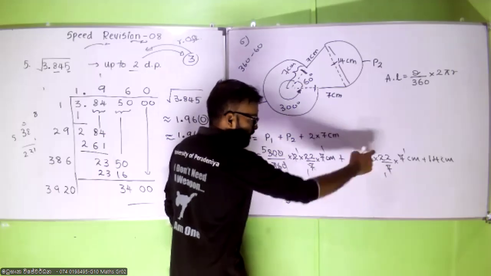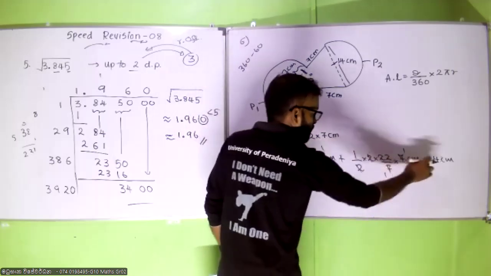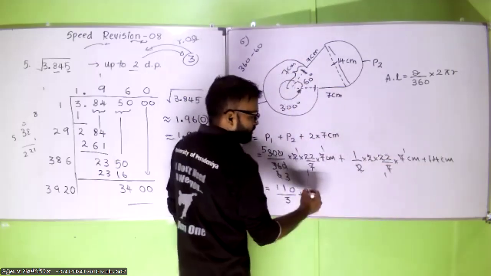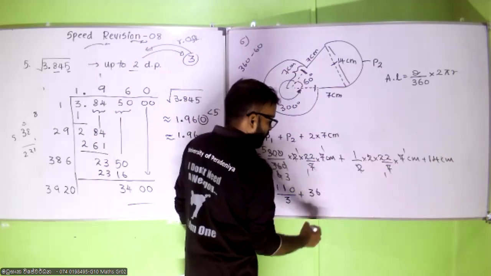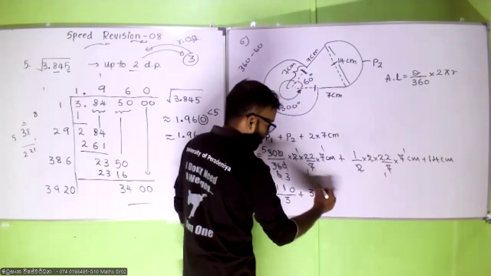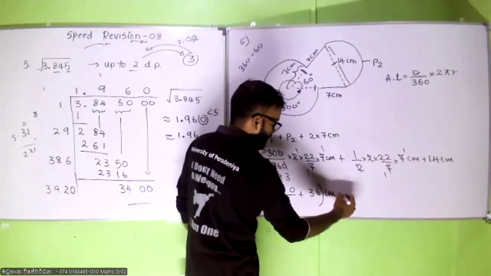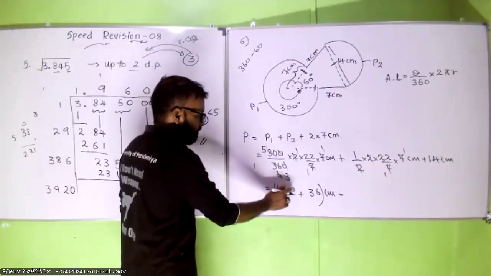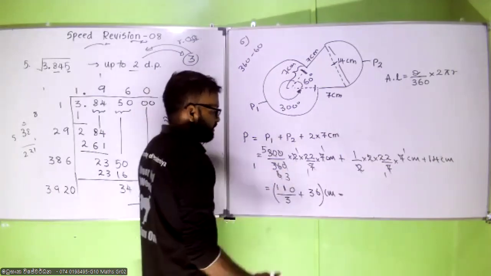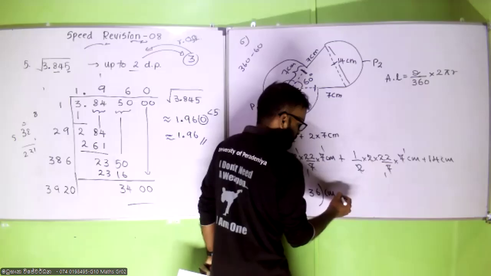Plus here you have 22 plus 14, which is 36 centimeters. So here you have 110 over 3 plus 36.